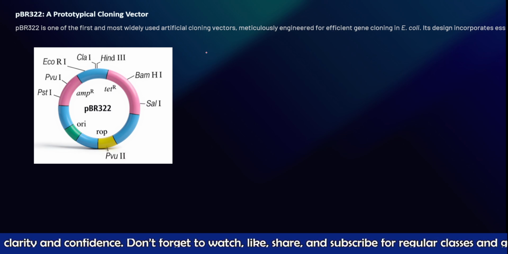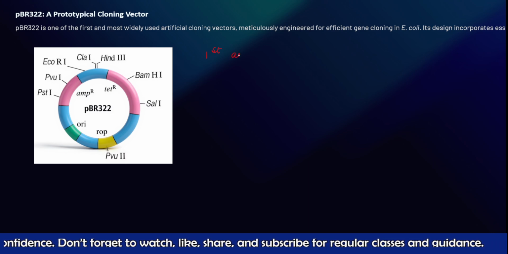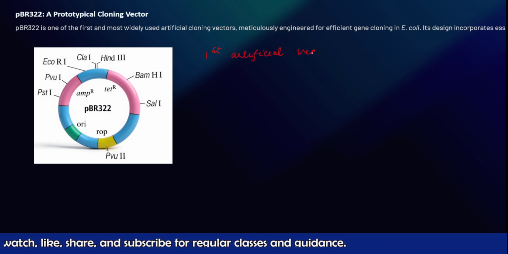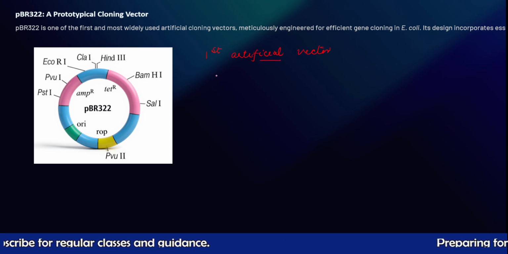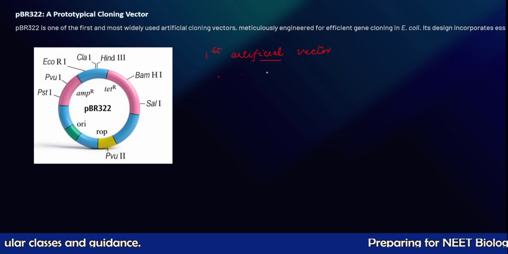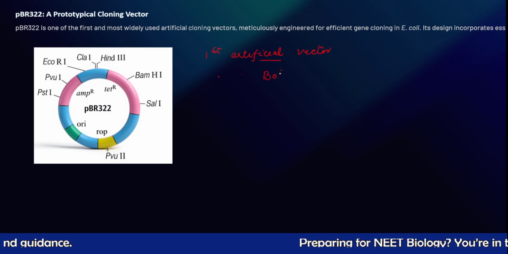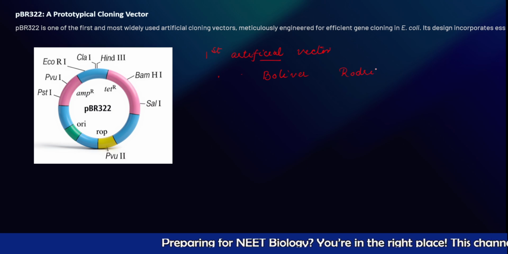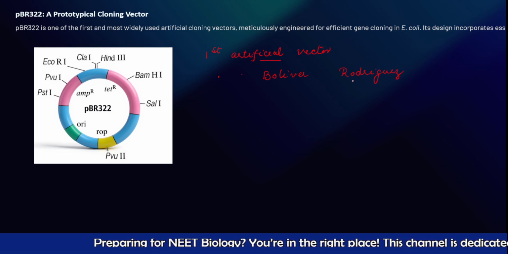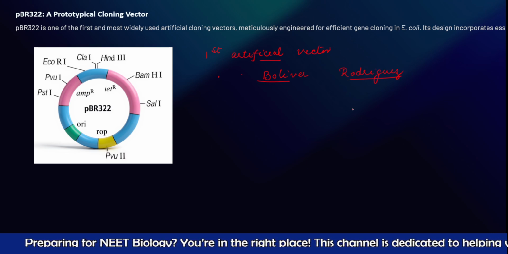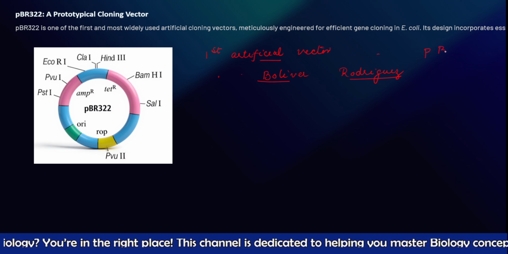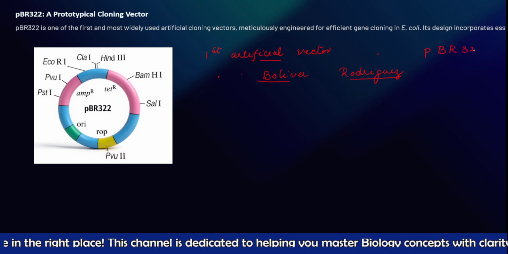It is the first artificial vector developed by two scientists, Bolivar and Rodriguez. They developed the first artificial vector and it is called pBR322.